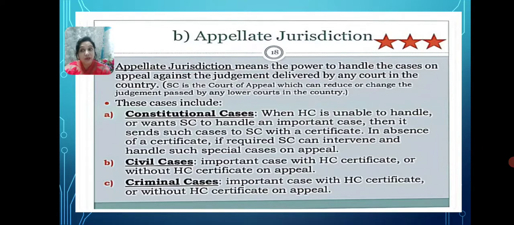First it will be made sure why this case has come from a district court to a high court. After studying the matters in detail, the high court judges, much more senior, experienced judges, go through the case and analyze it, and if the district court has given a wrong judgment, then it will be corrected or amended in the high court.